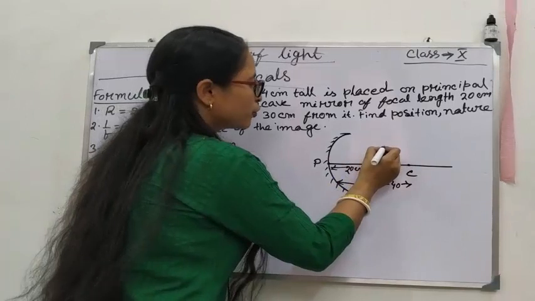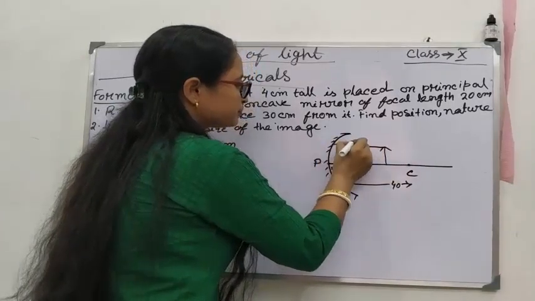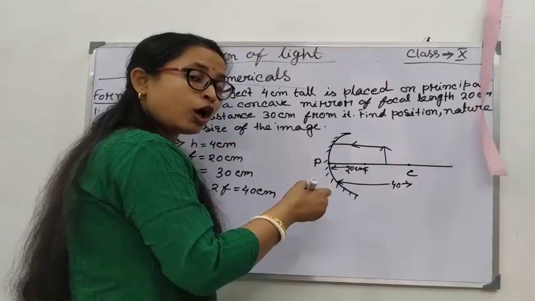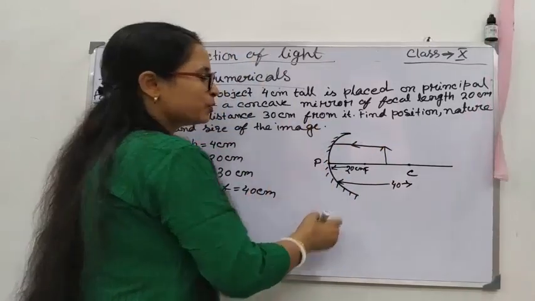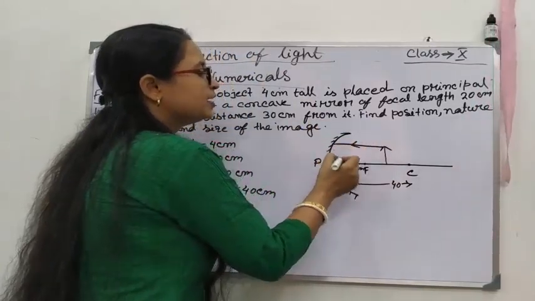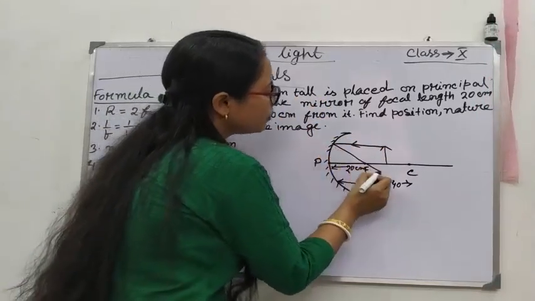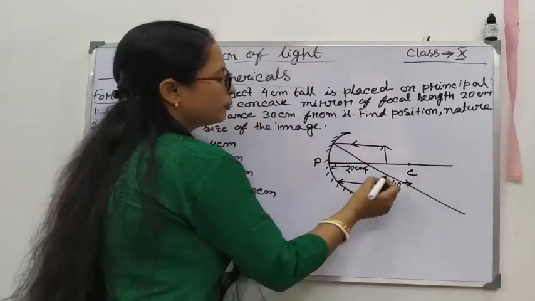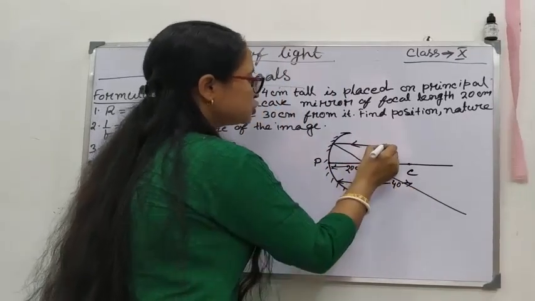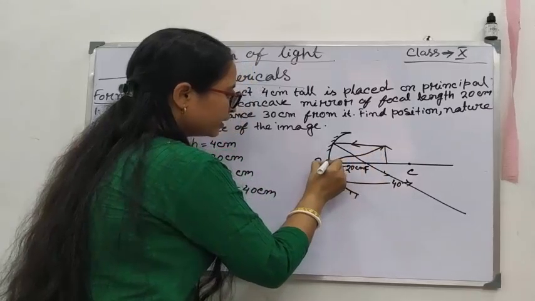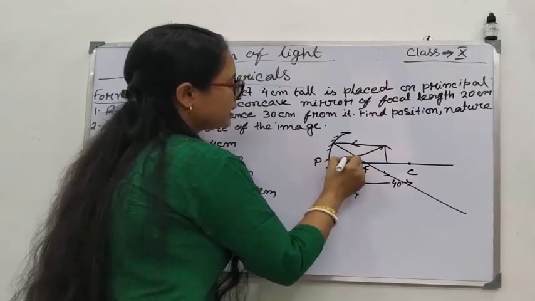First we will draw a parallel ray. After reflection, again we have to use the rule of image formation. Whenever a parallel ray is incident on a concave mirror, after reflection it will pass through the focal point. Now let us draw an oblique ray incident at the pole.